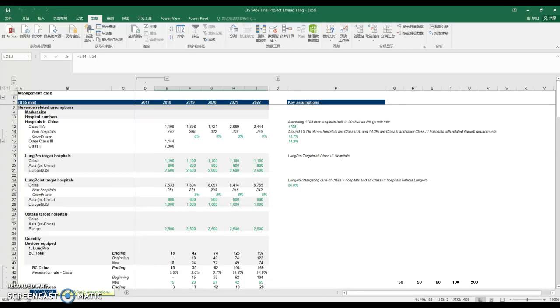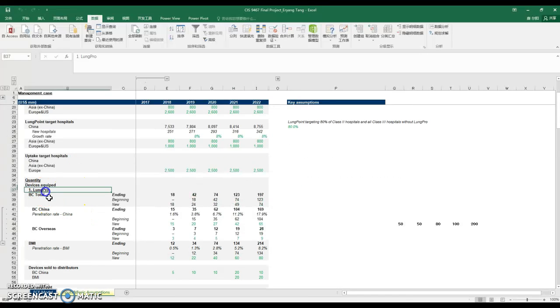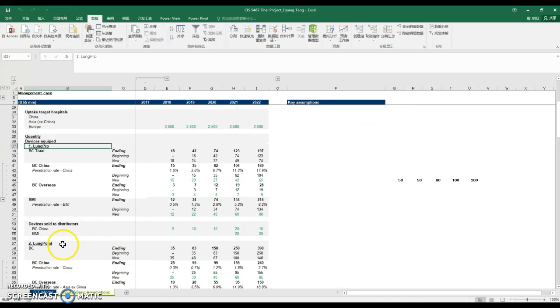So the company, VC, is an international pharmaceutical instrument supplier which focuses on navigation, diagnostic, and therapeutic technologies to treat patients with lung diseases. It now has two main lung disease navigation products, as you can see here, LungPro and LungPoint.